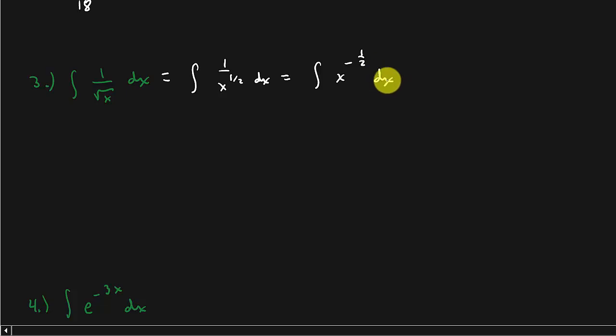Because all I know how to integrate is x raised to a power. And so now I'm going to get x raised to the, and what do we do? We add 1. -1/2 plus 1 is 1/2. Multiply by the reciprocal of your new exponent. So the reciprocal of 1/2 is 2, plus c. And then you can write 2 square root of x plus c. And there's your answer.